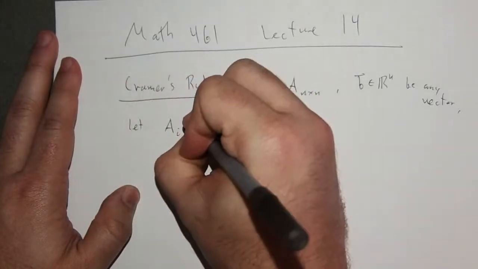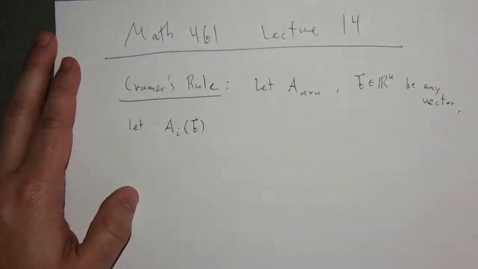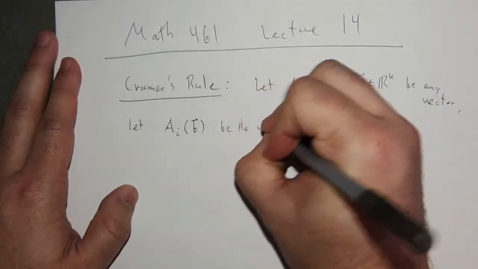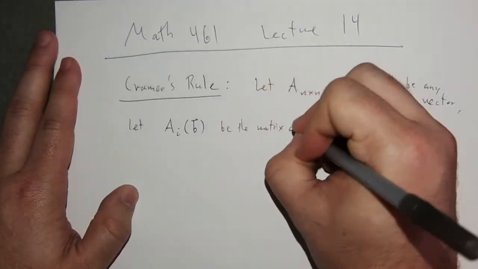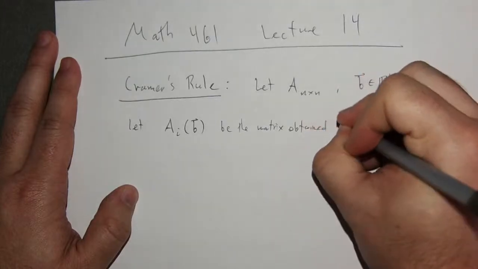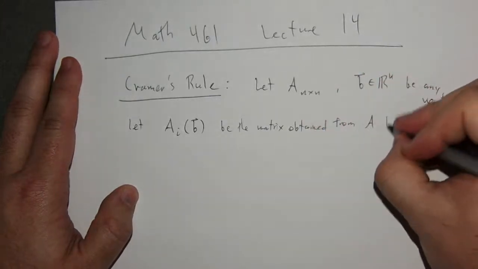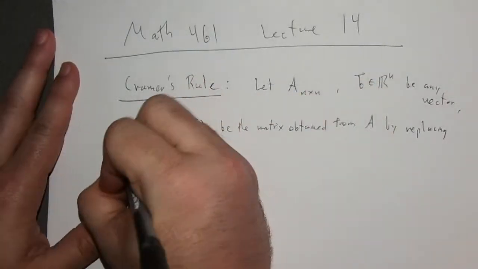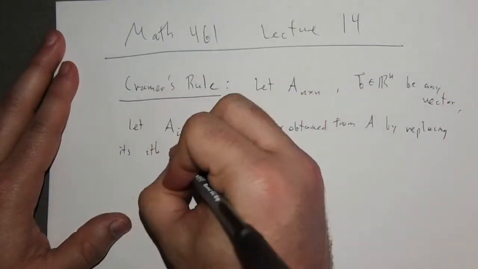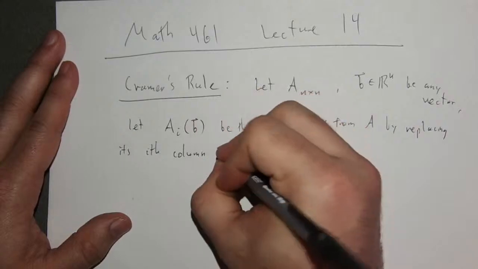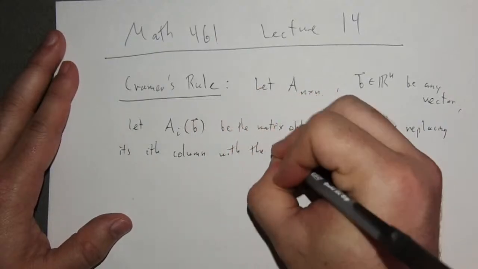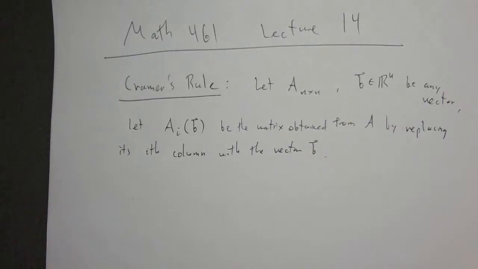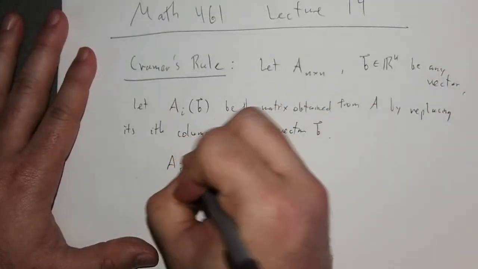Let A sub i of b be the matrix obtained from A by replacing its ith column with the vector b. So that's weird. I'm going to write out what that looks like.